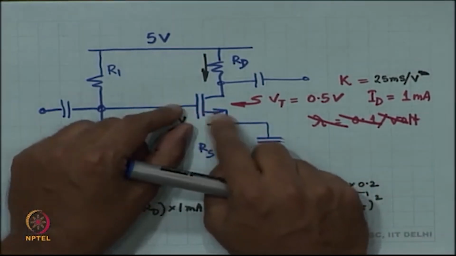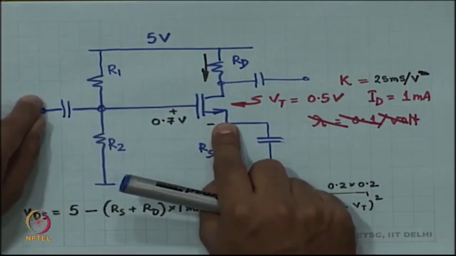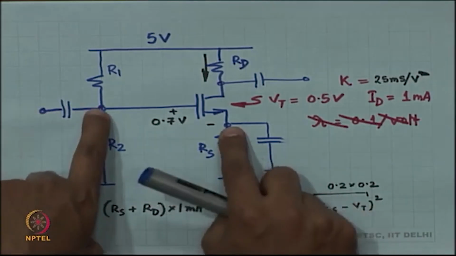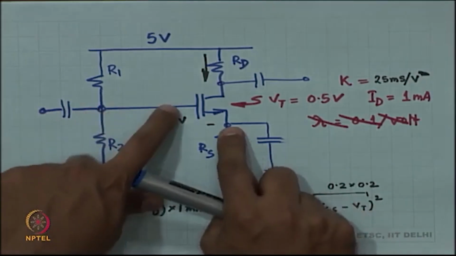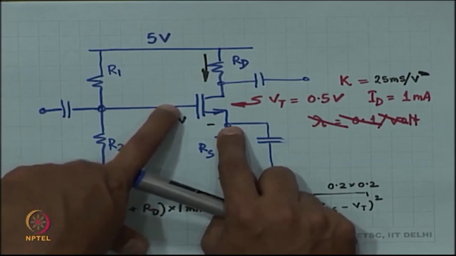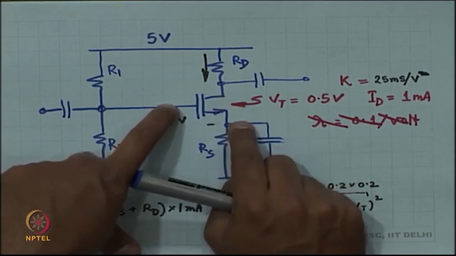There is a GM current which is caused by VGS. So, if I incrementally change the voltage at the gate, at the source the voltage is constant. So, this VGS is the incremental change across the MOSFET. This creates an incremental change in the current, right. How much?